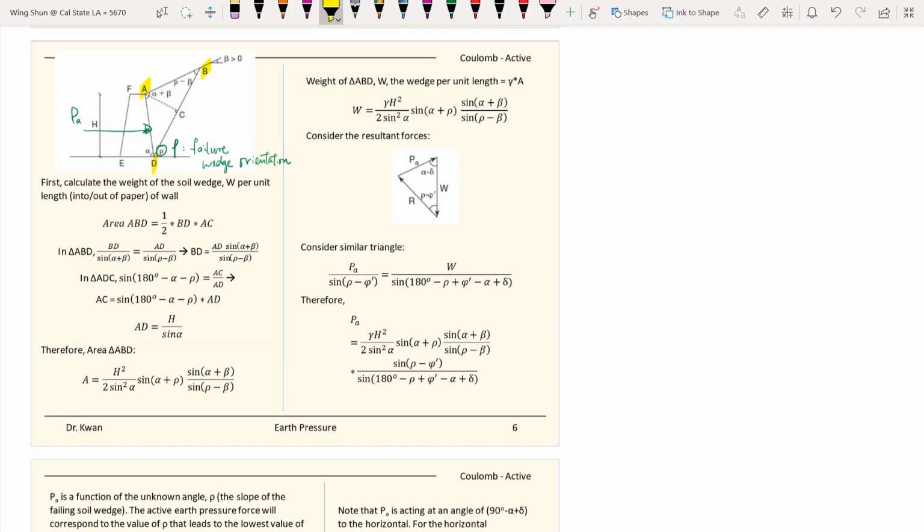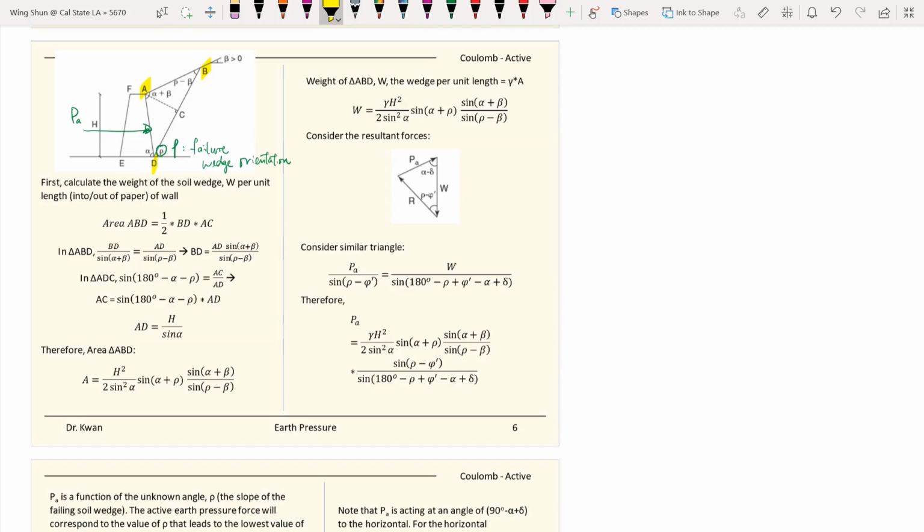Before finding the weight of the soil wedge, we need to find the area. The area of triangle ABD will be equal to 1/2 times BD times AC, as you have seen from this figure.